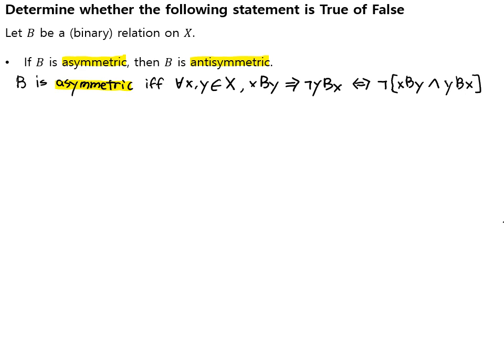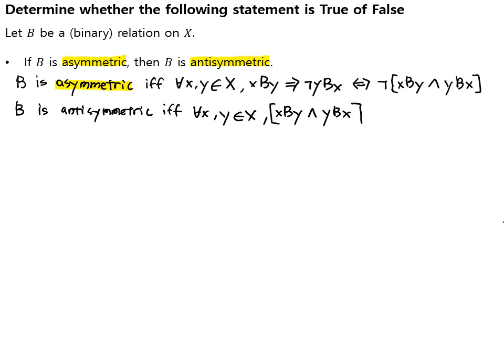So what does it mean for a binary relation to be anti-symmetric? A binary relation is anti-symmetric if and only if for all elements x and y, the fact that x is related to y and y is related to x together imply that x and y are identical.